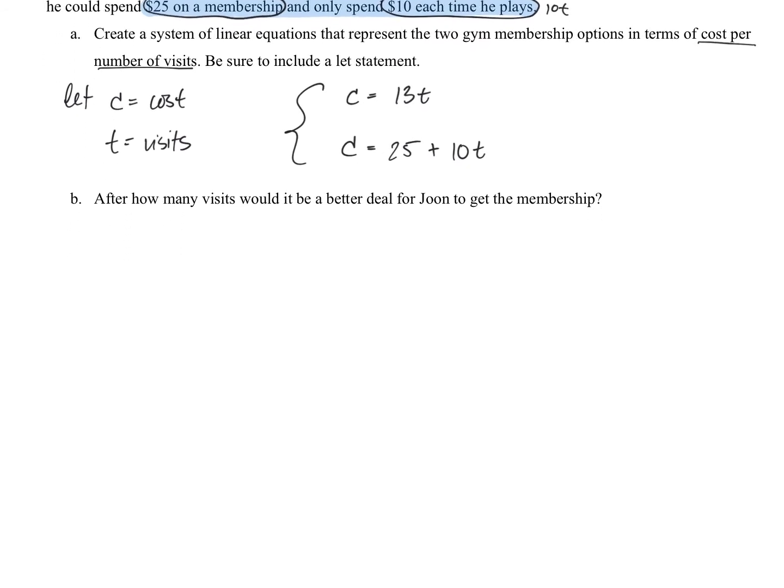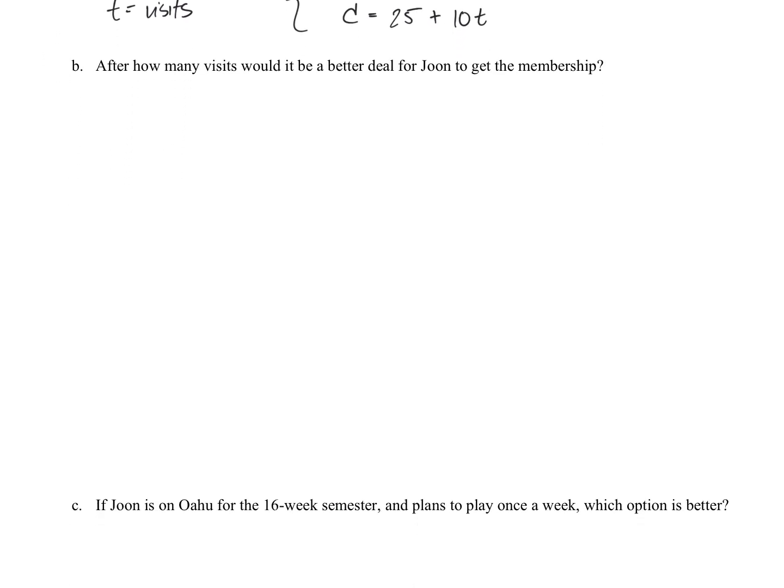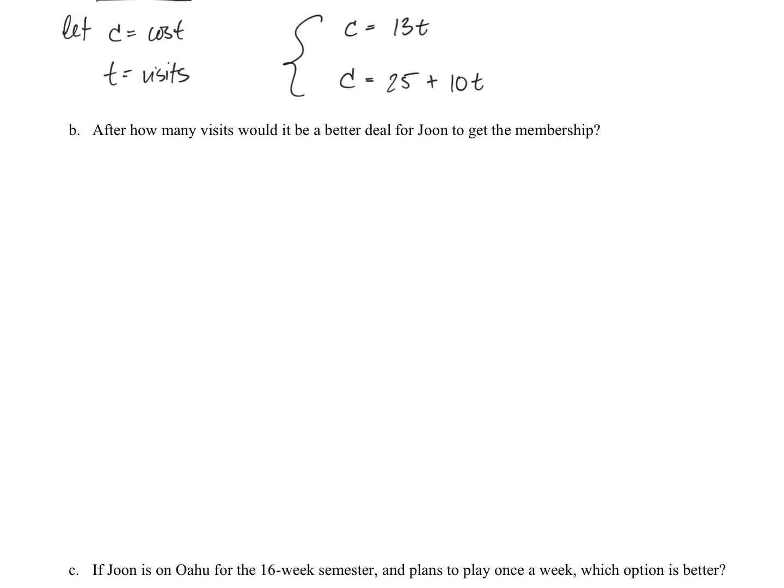Alright, so B, after how many visits would it be a better deal for June to get the membership? So this is going to be a little different than other systems. What we're going to do is compare these. We want to figure out when this equation would be better than this equation, which means we want to figure out when 25 plus 10t is going to be less amount of money, so less cost, than 13t.